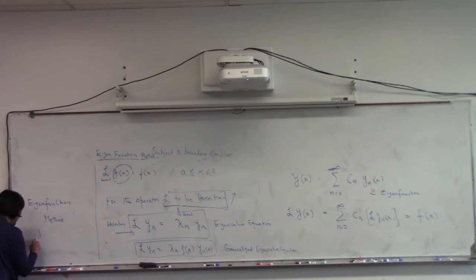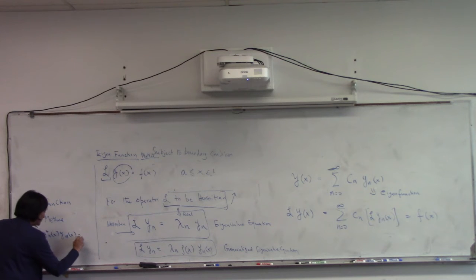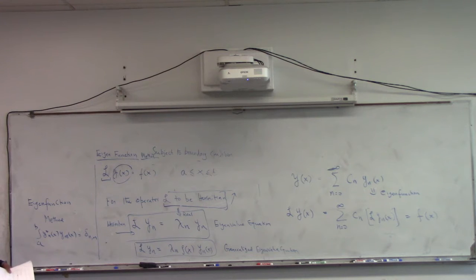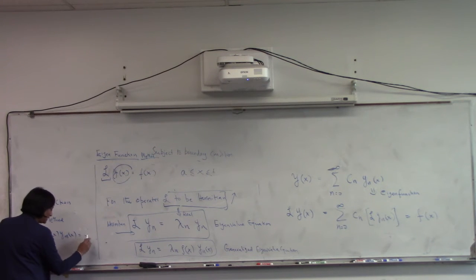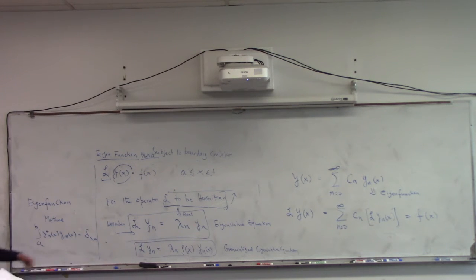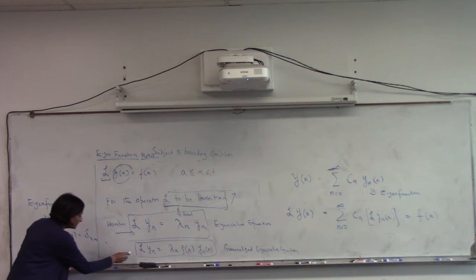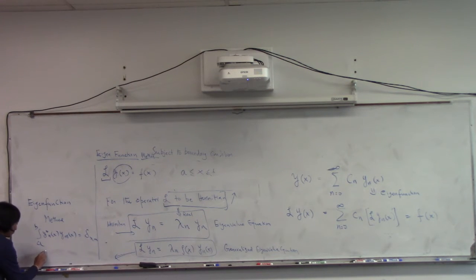So we know that in this interval, y star n(x) y_m(x) has to be like this: if n is not equal to m, this is 0, and for n equal to m, it is 1. So we know they are orthogonal. The only difference when you have a generalized eigenvalue equation is that you have a weight factor, so the orthogonal property will be slightly different.